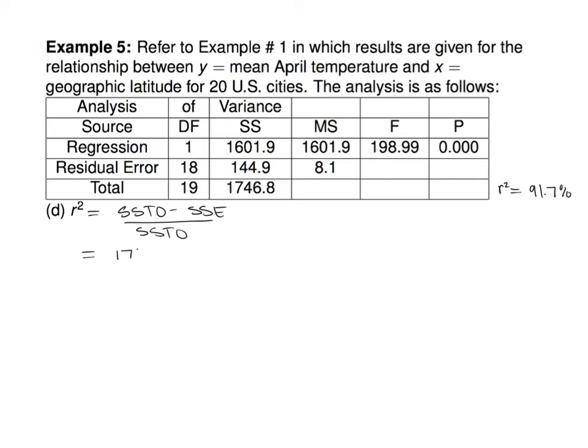So that's 1746.8 minus 144.9 over 1746.8. And if you input that in a calculator, just put parentheses here, and you get 0.9170, which is definitely 91.7%, like we found in the previous problem.